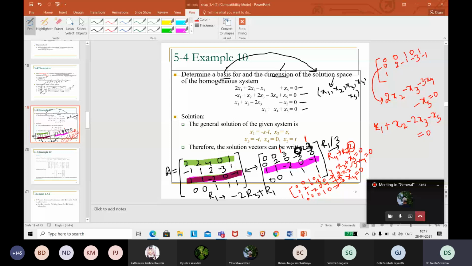So I have x4 equal to 0, I can make use of that, but now I can see I have three equations and four unknowns, x1, x2, x3, x5.